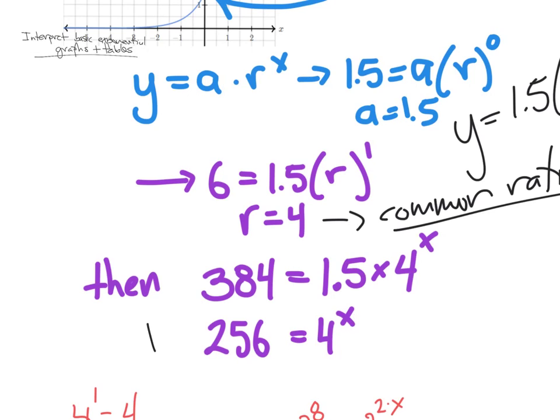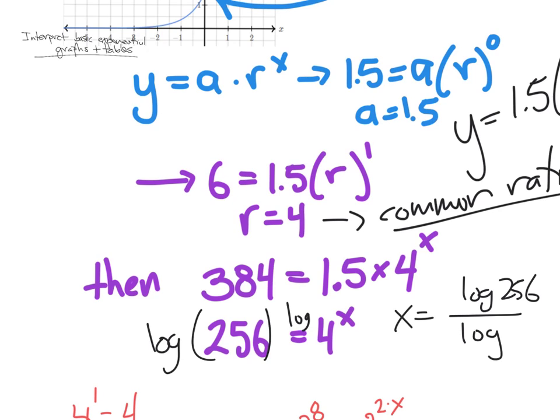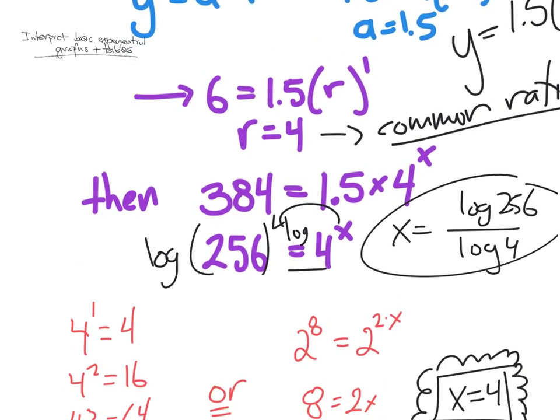At this point, you could take the log of both sides, and then you'd end up with x equals log of 256 over log of 4, after bringing the exponent down and dividing both sides by log of 4. But we'll get to that later.